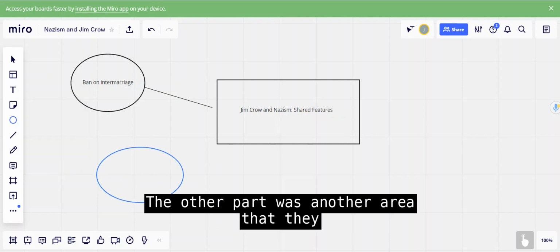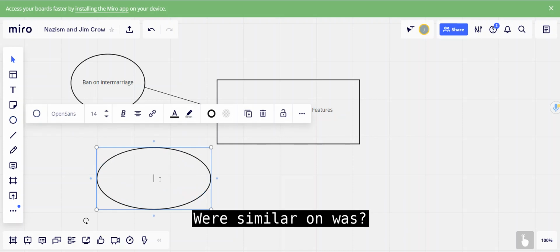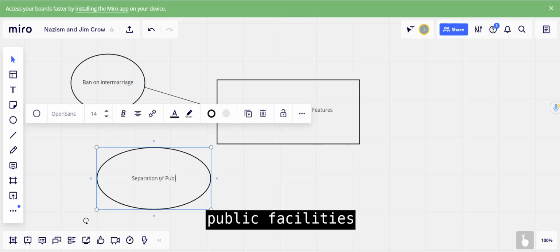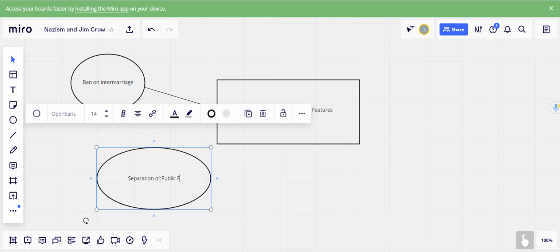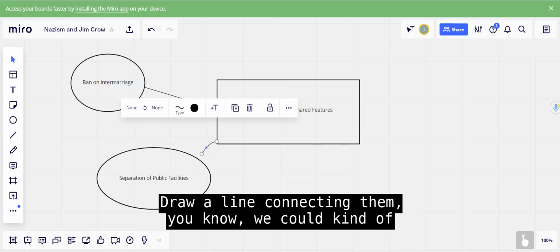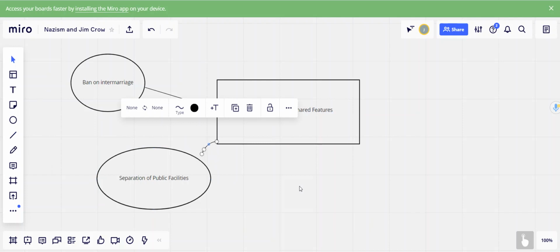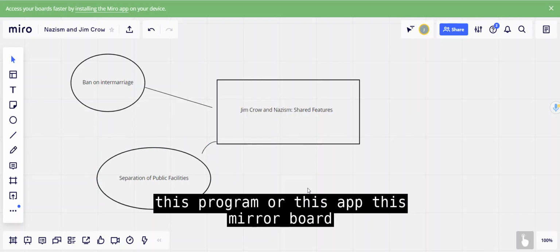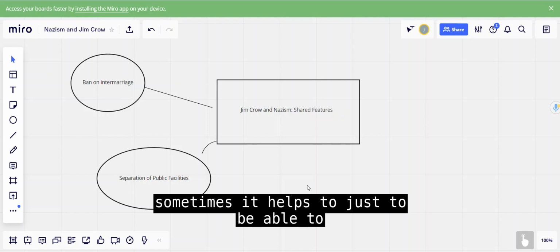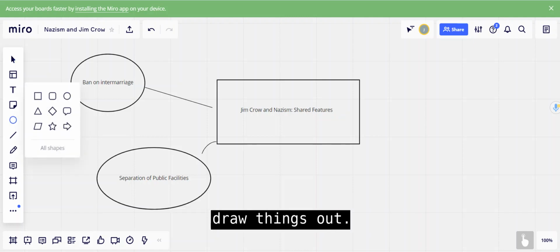Another area that they were similar on was separation of public facilities, and then again, you could draw a line connecting them. You can kind of have fun with it. That's why I like this Miro board, because sometimes it helps just to be able to draw things out, right?